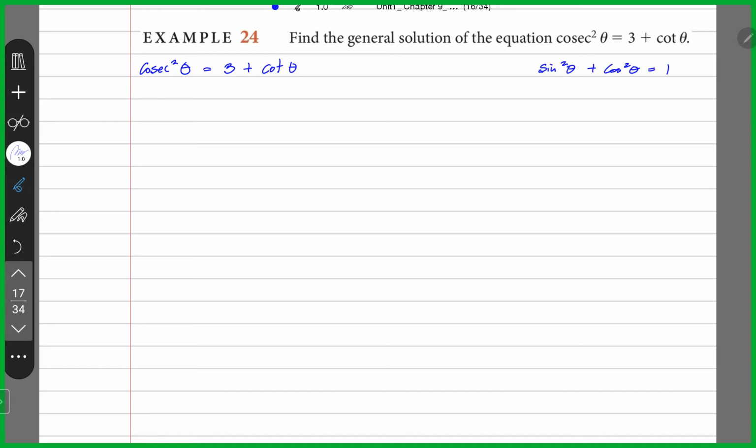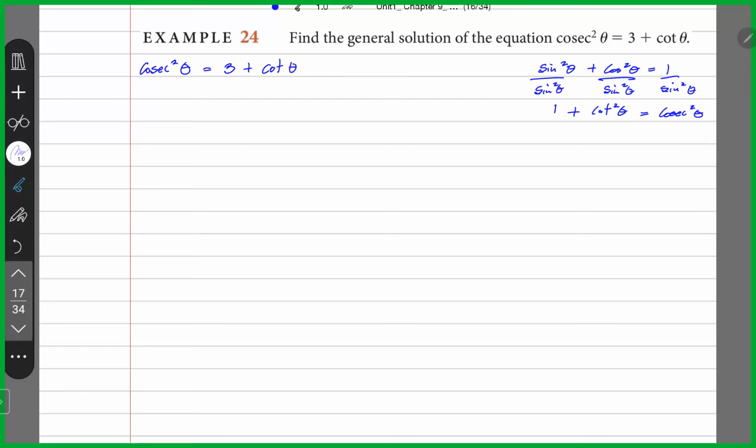If I divide the entire equation by sine squared, I'm going to end up with 1 plus cot squared theta is equal to cosec squared theta.